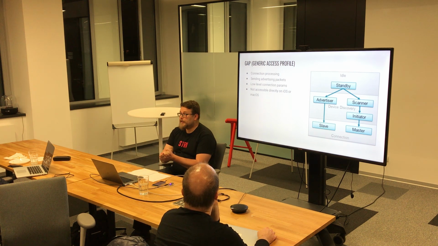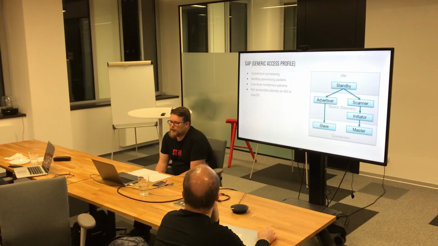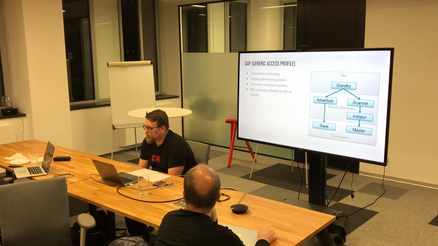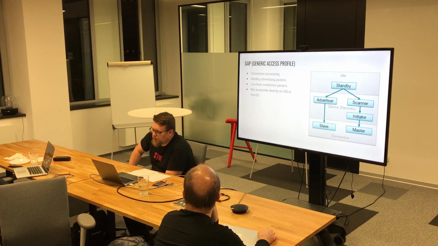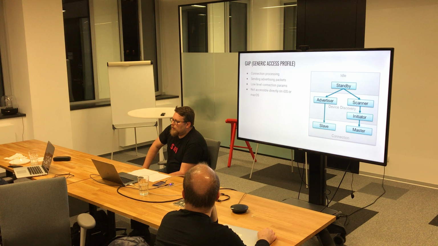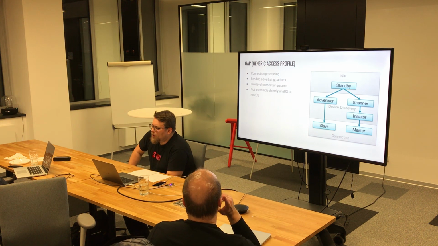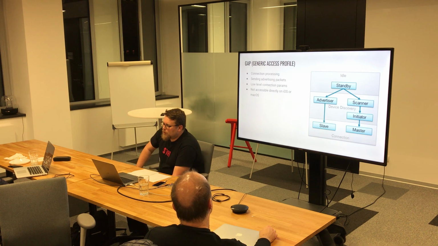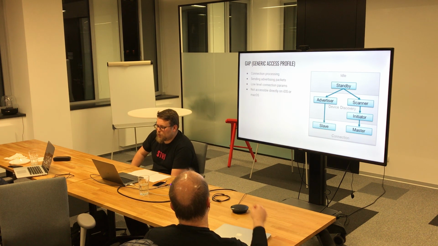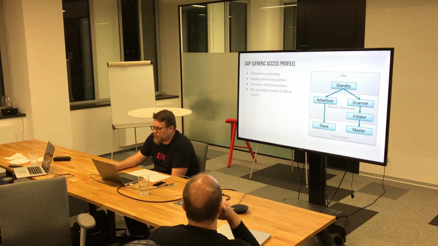So, more details on how it actually works. BLE is a very layered protocol. There are a lot of sub-protocols stacked on top of each other. The first one we will encounter is something called the Generic Access Profile, which basically specifies how connections are supposed to work and how sending advertising packets works.